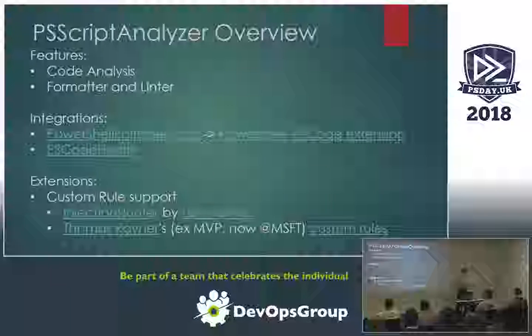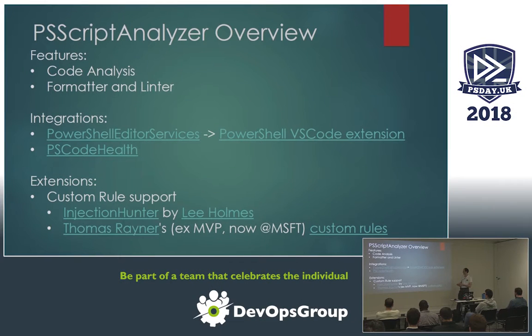Thomas Reiner is very active in the open source space as well, and he has written a bunch of rules and has his own GitHub repository of them, which is very good to look at for examples if you want to make a slight modification to something. He used to be an MVP, but now that he's joined Microsoft, he had to give up the title, but he's still very active and would be happy to help out if you've got questions about the rules that he wrote.